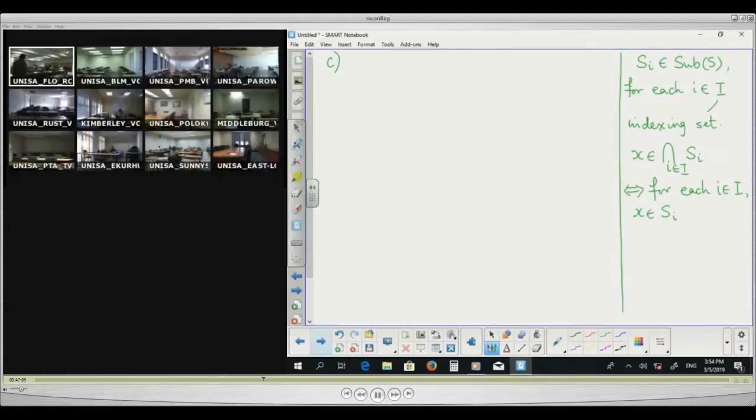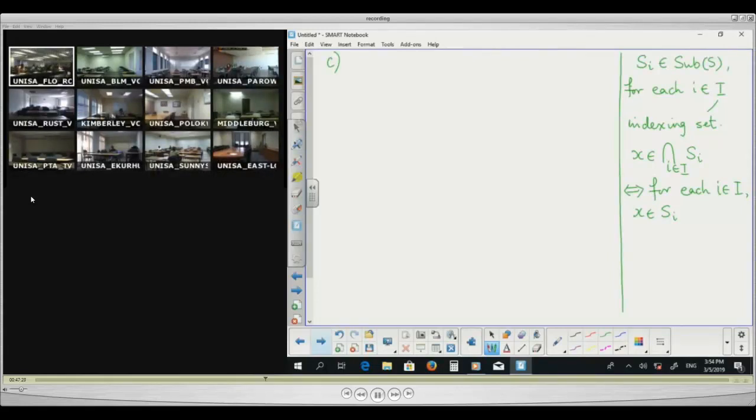Okay? And as I said in that exercise, in the first one, what is the union? x belongs to the union of S_i over i in I. So that set is defined as, union means that there exists something, right? Some of these must, it's a collection, it's a join of all of them.